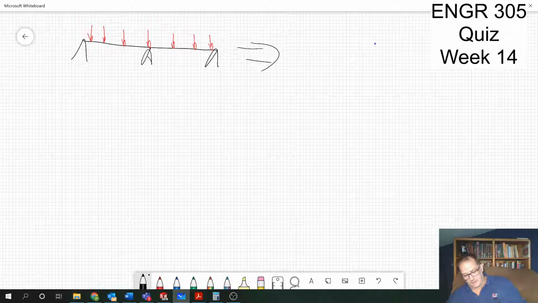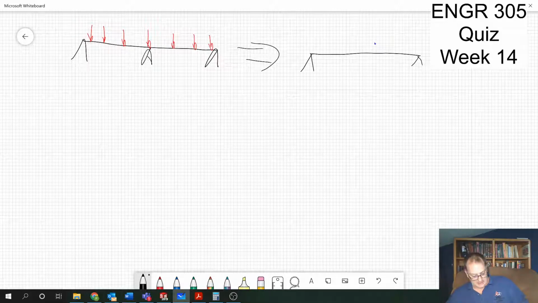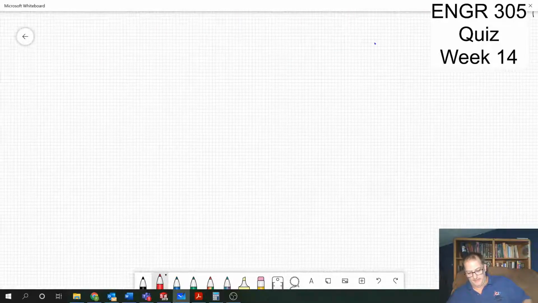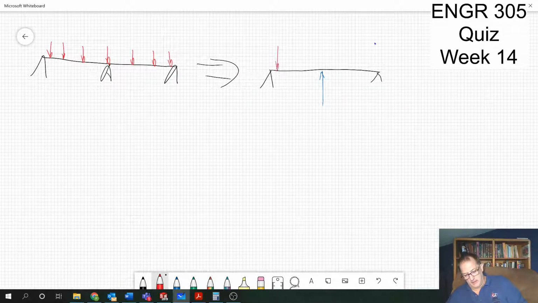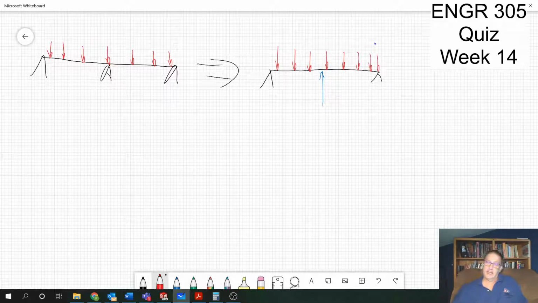And the first thing I'm going to do is transform that to being a simply supported beam. A simply supported beam with a load at the bottom and the middle and a distributed load on top.